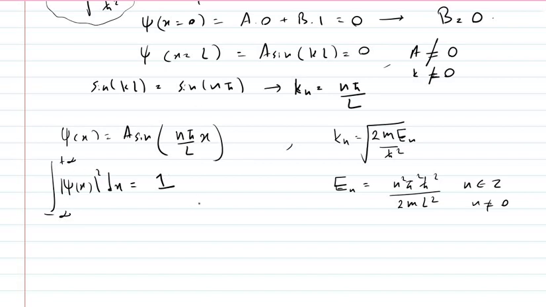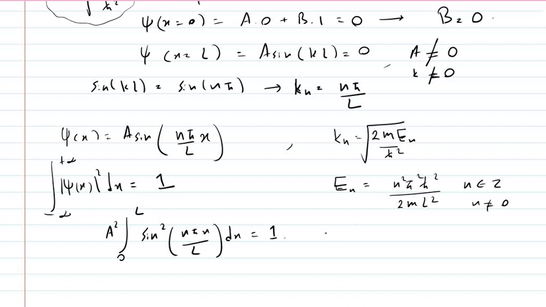But the wave function is equal to 0 when x is less than 0 or x is greater than L, which means this simply becomes a 0 to L integration. I will plug in A sine n pi x over L here. We have A squared as a constant, sine squared n pi x over L dx is equal to 1.